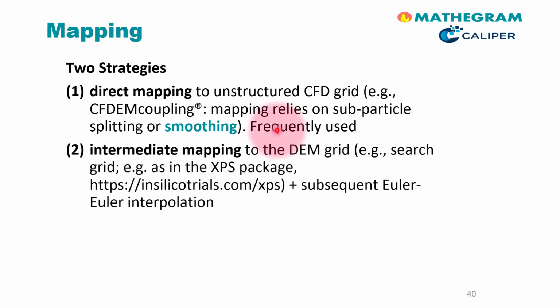Another strategy is to first use an intermediate mapping step to the DEM grid, e.g. the search grid that is often anyhow available in a DEM simulator. Subsequently, the information on this DEM grid is projected in an Euler-to-Euler interpolation to the CFD grid that again can be unstructured.